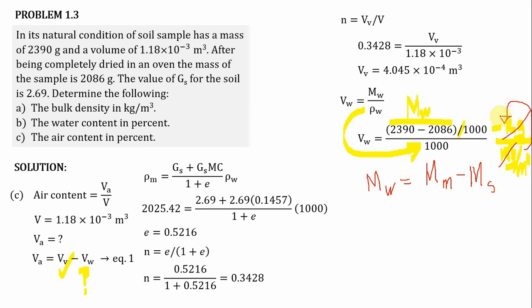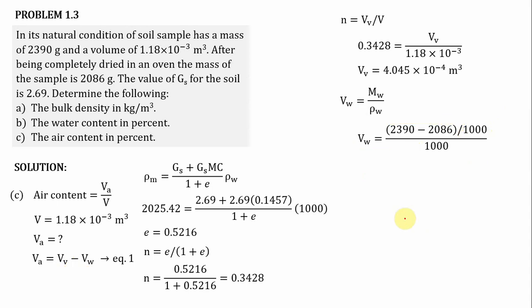So maiiwan na lang yung unit is in cubic meter. Gets nyo? So therefore the volume of water is equal to 3.04 times 10 to the power of negative 4 cubic meter.